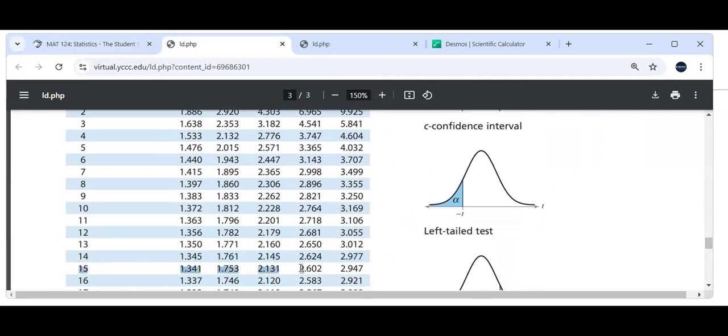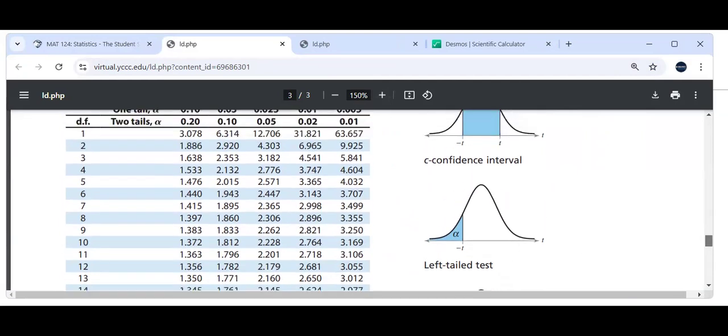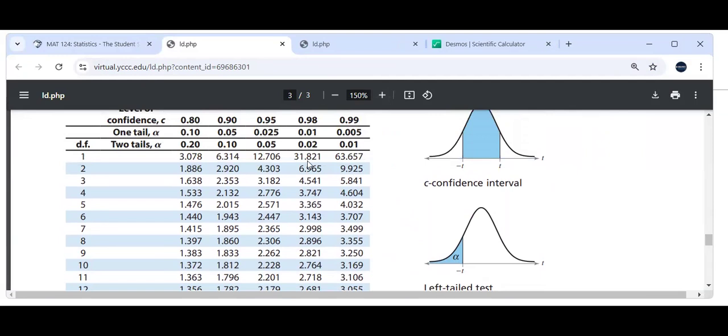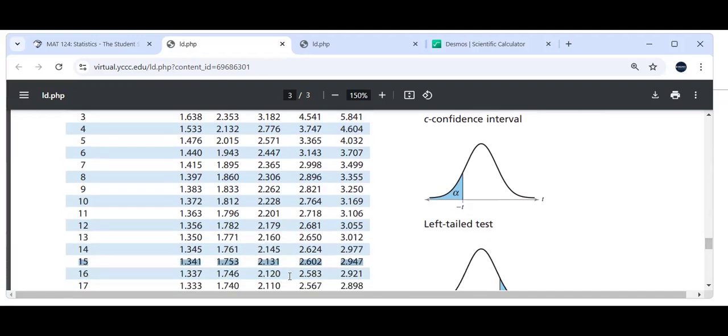So we're going to be looking in row 15 here. Now, as far as which column we want to look in, that depends on the confidence level, and ours was 0.95. So we will look in the third column. So in the third column, in row 15, looks like we get 2.131. That would be our critical value.